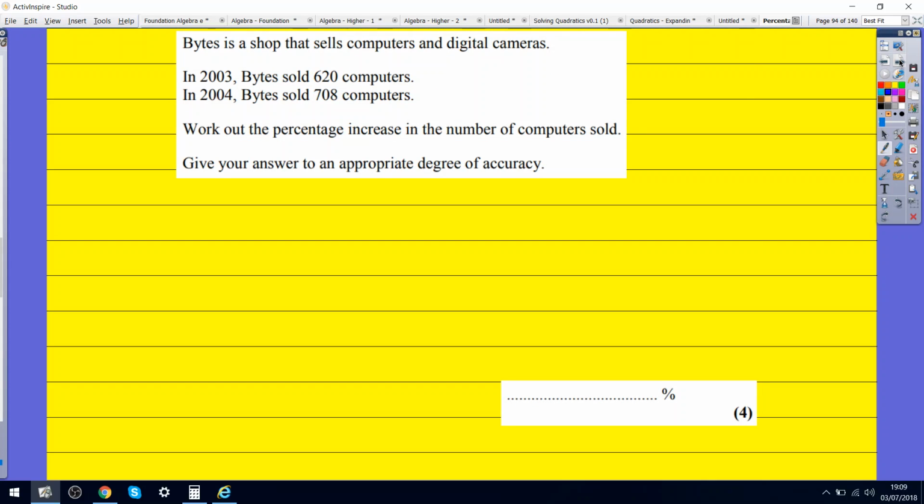Okay, how do we do this? So the change, so we have 708 minus 620, and then over the original price, and that is 620, which I'll just type in the calculator.